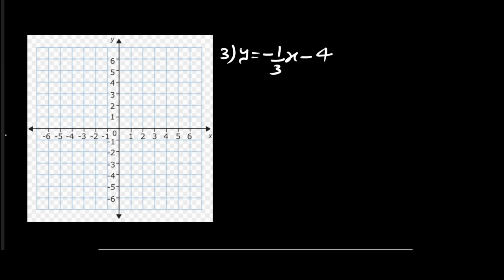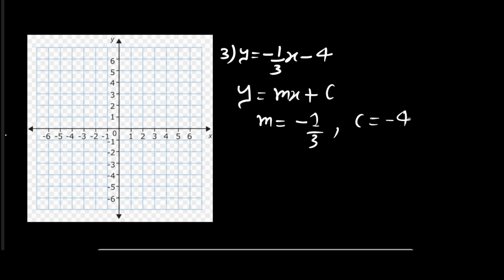So the first step is to compare the given equation to the slope-intercept form, which is y equals mx plus c. If we compare these two equations, it gives us m equals -1/3 and c equals -4.